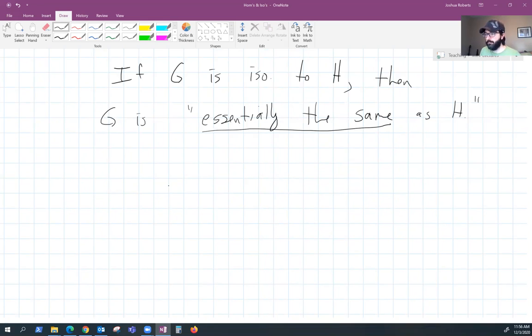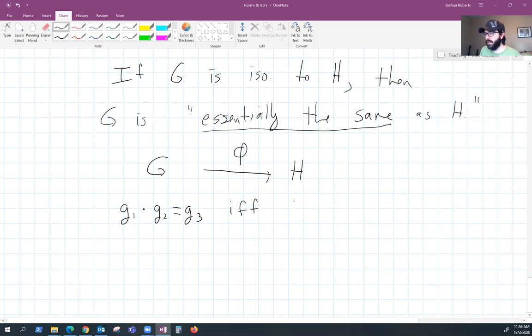So in other words, if I have G and H, and I'm going to have an isomorphism between them, then g1 times g2 is equal to g3 if and only if phi of g1 times phi of g2 equals phi of g3.